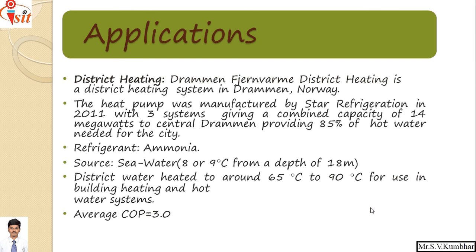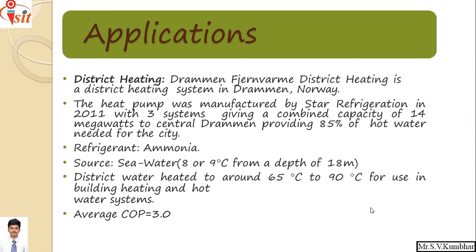Now, applications of heat pump. As we have studied, a heat pump is generally used for heating and cooling purposes. District heating is the most important application of heat pump. Here is a district heating system in Drammen, Norway.